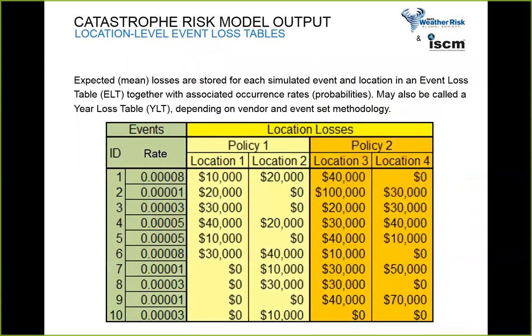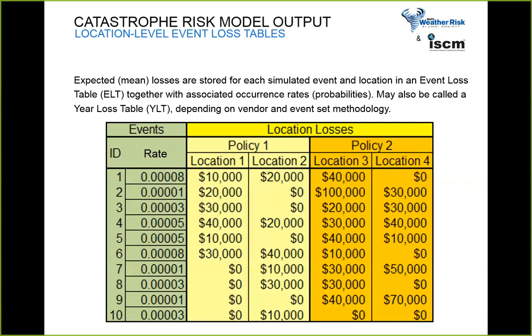So what happens after we go through this massive loop and calculate location level losses for every event? Well, the models build what we call event loss tables, and they always start at the location level of the process of aggregating insured losses. Location coverages are the finest resolution we can get information on. So for each event, and here on the table I have 10 events listed with an annual rate of occurrence assigned to it.